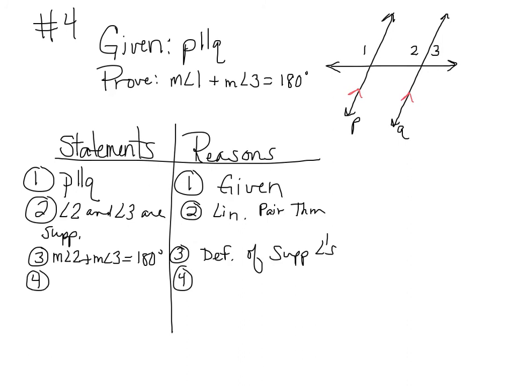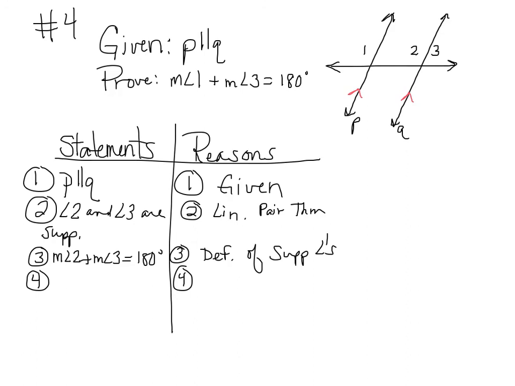So now what can we do? Well, if you get lost at this point, look at what we have here. We have an equation. And here, we have an equation that we have to prove. The only thing that's different is the measure of angle 1 and the measure of angle 2. Well, let's look. Because these are parallel, what do we know about the measure of angle 1 and the measure of angle 2?